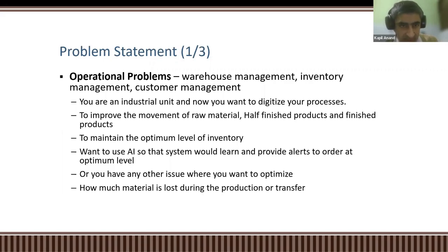Then there is putting in the order for that inventory at an optimum level, and transferring that inventory from one location to another. All these things we can control with the help of an AI based system or automation kind of system. Those types of systems we can provide and can help these operational organizations.